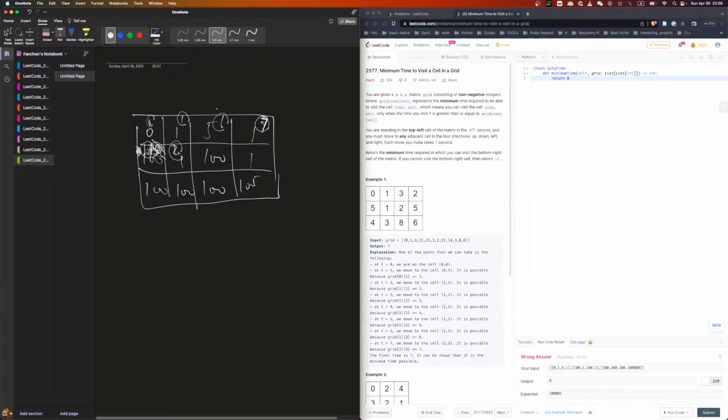I don't know. What do you think? Maybe I can go one path is this go. And will the other path go this? No. Not sure.